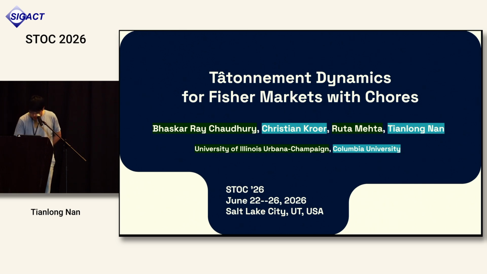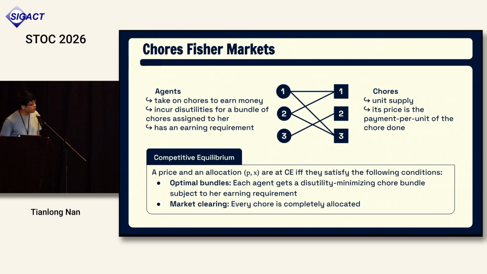Thanks for the first speaker. I guess I don't need much introduction to the basic concept, so I'll give a quick overview of the chores Fisher market. This work will focus on the chores part. In chores Fisher market, we have a set of agents and a set of chores. The agent is taking chores to earn some money.